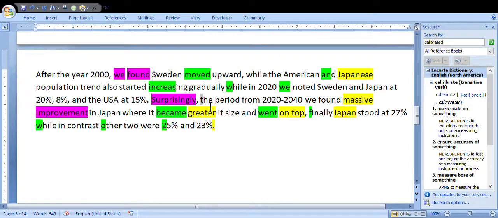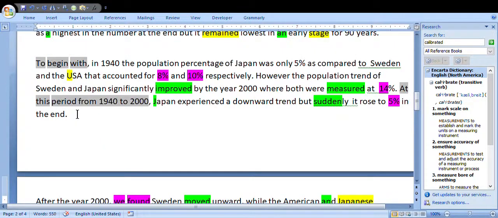Surprisingly, you're missing here during the period from 2020 to 2040, comma, in time period, we found massive improvement. We found? Has 2020 happened yet? We will find. Not improvement.